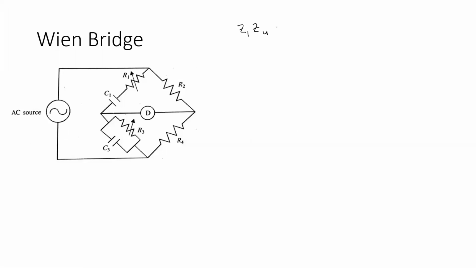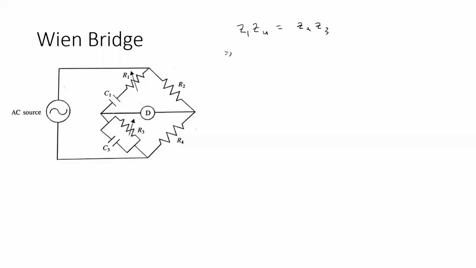Okay, so if we put in the balance equation, while simplifying the balance condition, we are not considering any one of the arms here to be unknown, or any inductor or capacitor that we need to measure. Rather, we want to measure the unknown frequency.